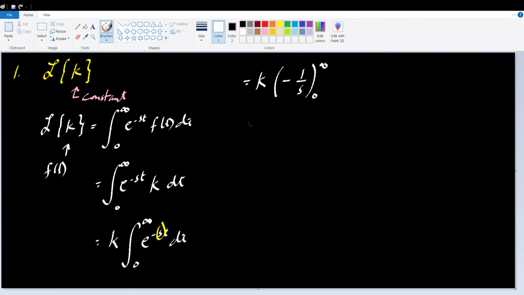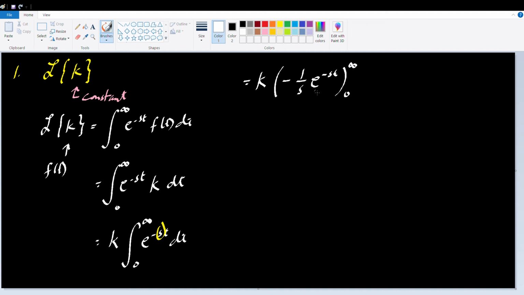Sorry, there is a missing term in the integral: it should be negative 1 over s times e to the negative st.